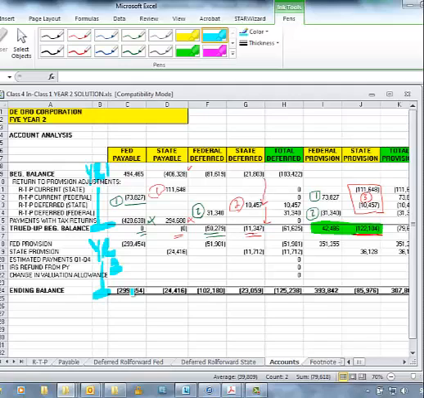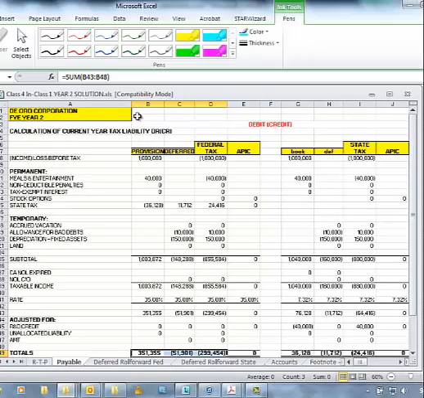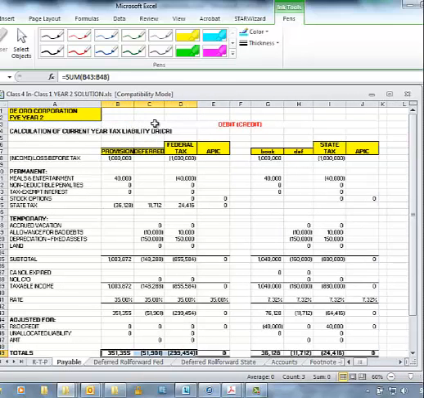Okay? The key is to separate these two things. Fix year 1 separate from doing year 2. So when we get to the last part of this in-class exercise, it was the second year's provision. Okay? And when we look at the second year's provision, it's pretty straightforward.